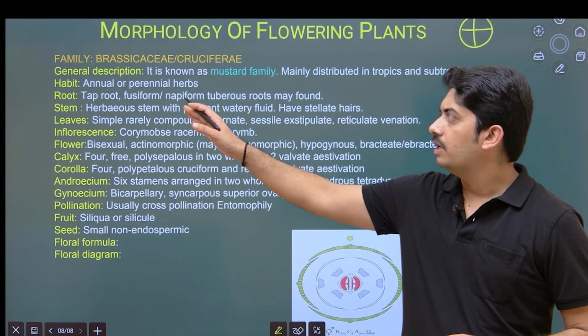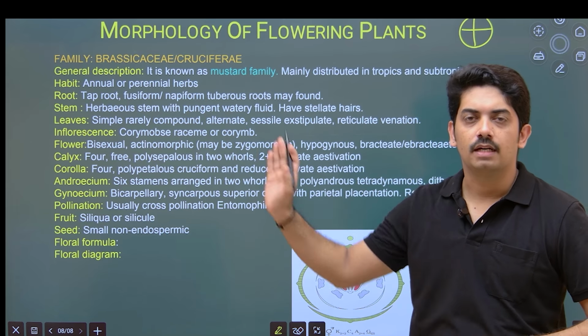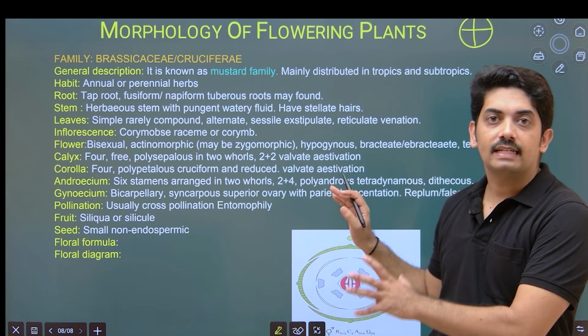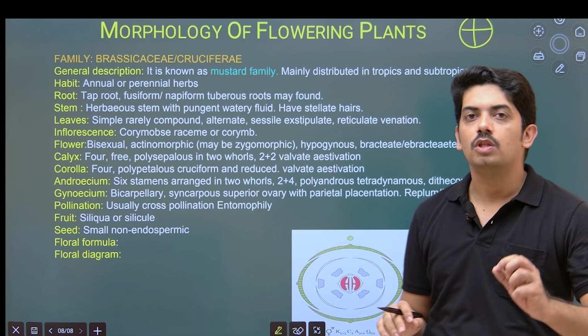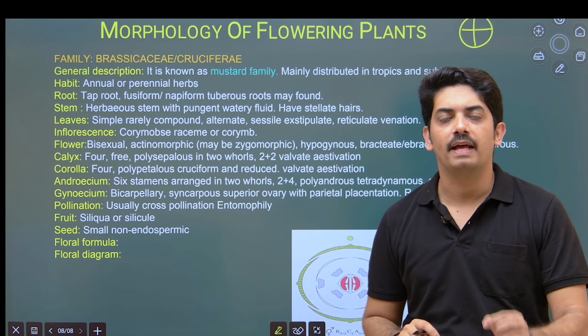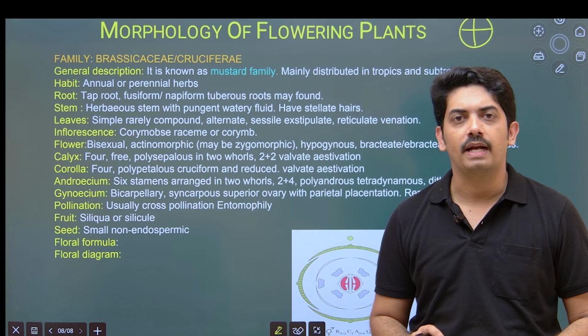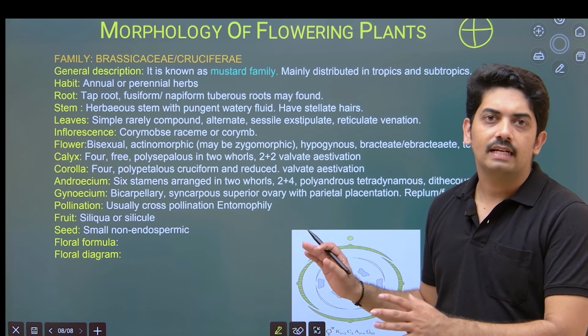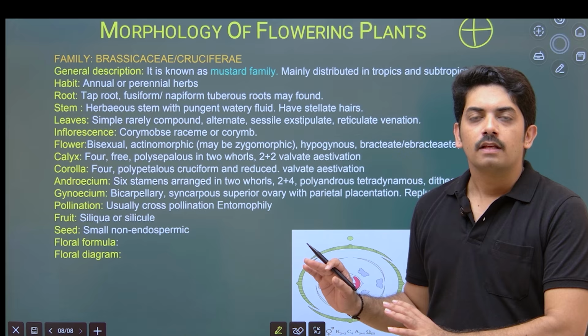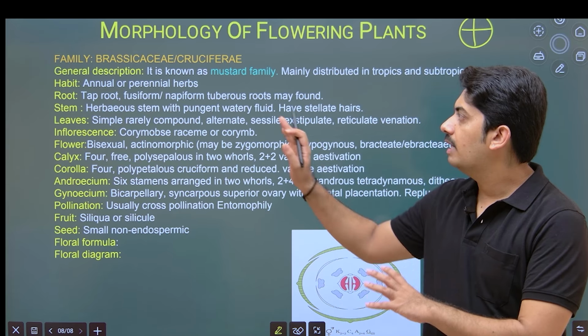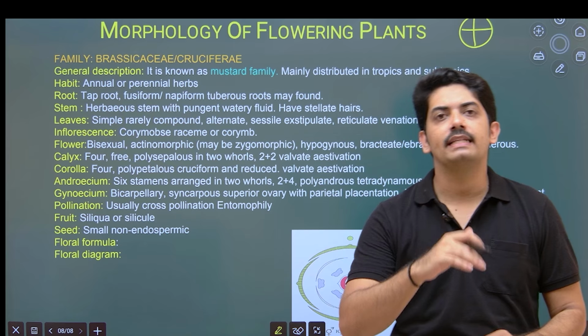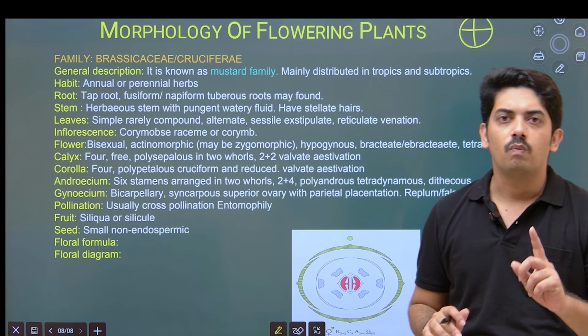Habit: annual or perennial herbs. So this is the general character of the family, not specific to one particular plant. Imagine mustard family means not only the mustard plant, related plants are there. Later I will show you the pictures. Some of them are annual. That means they complete their entire life cycle in 1 year.